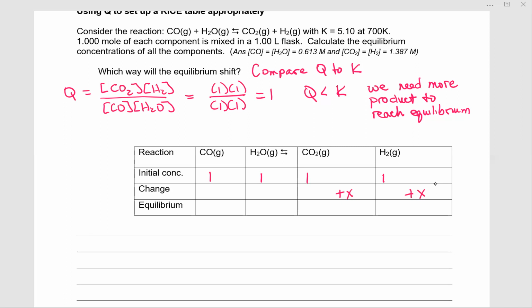And we have to lose H2O and lose carbon monoxide. So we end up with 1 minus X, 1 minus X, 1 plus X, and 1 plus X. Without being able to compare Q to K, we would not know how we need to change these X values.